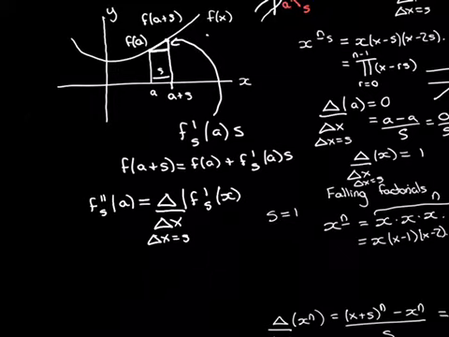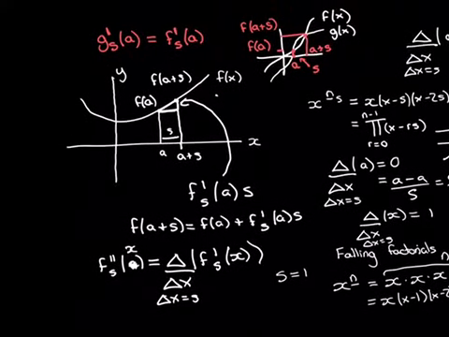I'm going to get rid of that a, we'll keep it as a general point. We're just talking about the actual value of the function rather than the value of the function at the point a. So just like the derivative tells you about how much the function is changing, the second derivative tells you about how much the derivative is changing. It's the derivative of the derivative.